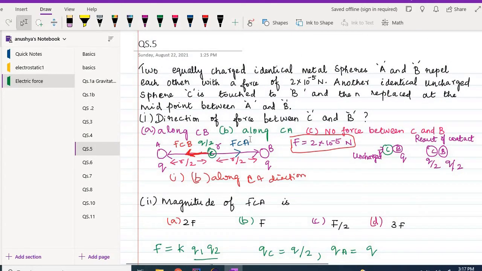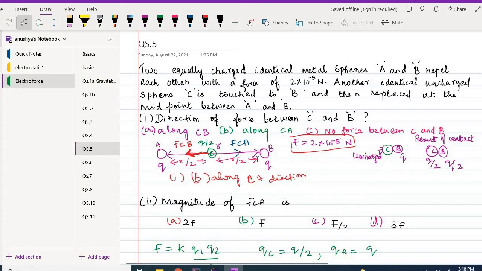So they are given two identical charges. Then an uncharged body is brought in contact with one of the identical charges. When one is uncharged and the other is charged and there is contact, conduction takes place, so the charges will be equally distributed between the two bodies. So C becomes Q by 2 and B also becomes Q by 2. Now it is placed between A and B. What is the force experienced by C due to B?